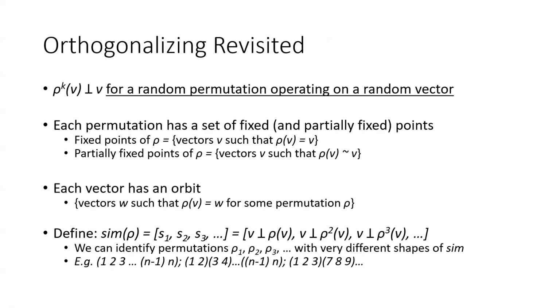But you can actually have something as simple as 1 and 2 flip, 3 and 4 flip, 5 and 6 flip. For that case, you certainly don't have this property. The single permutation of the vector is going to be perpendicular to your original vector, but a double permutation actually gets you back to the original vector.